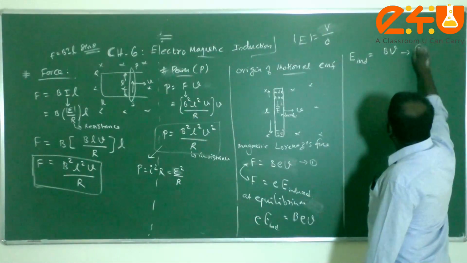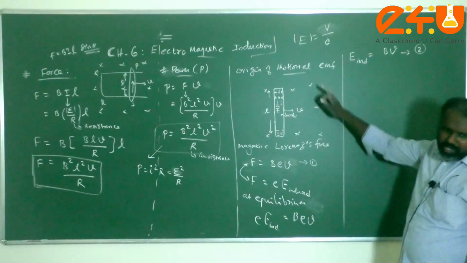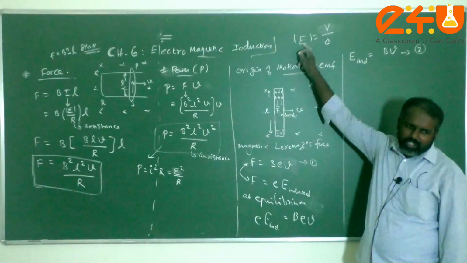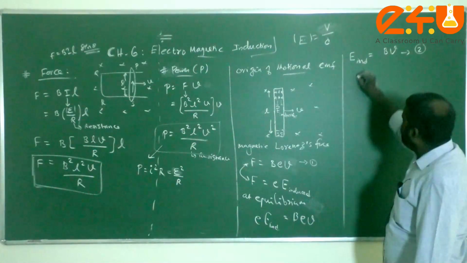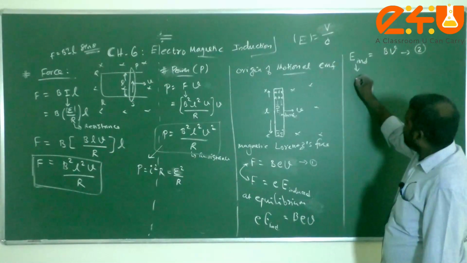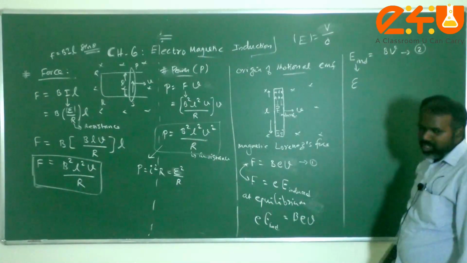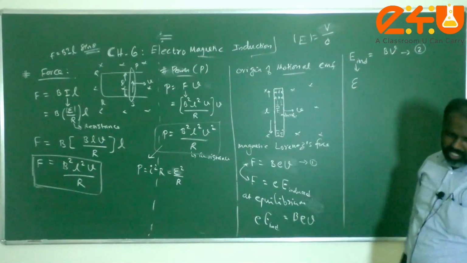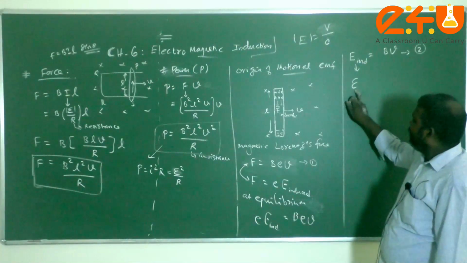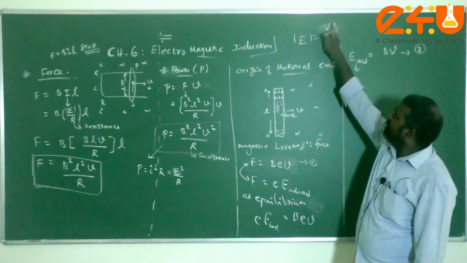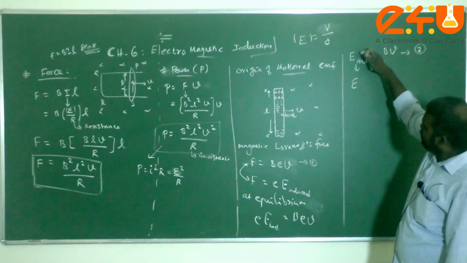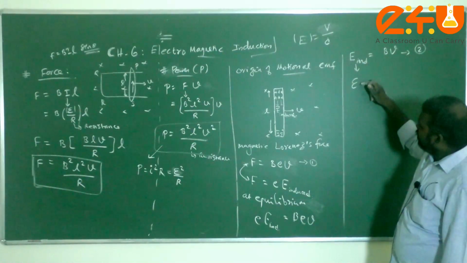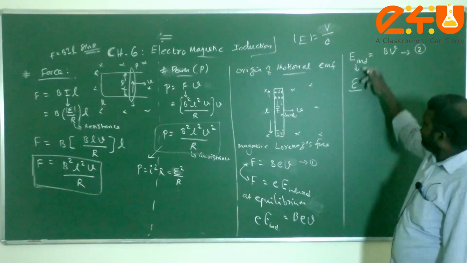Say equation number 2. From electrostatics, we know that electric field equals potential gradient. Here the induced potential is nothing but the induced EMF, denoted by E. So the induced electric field is the induced EMF divided by distance.